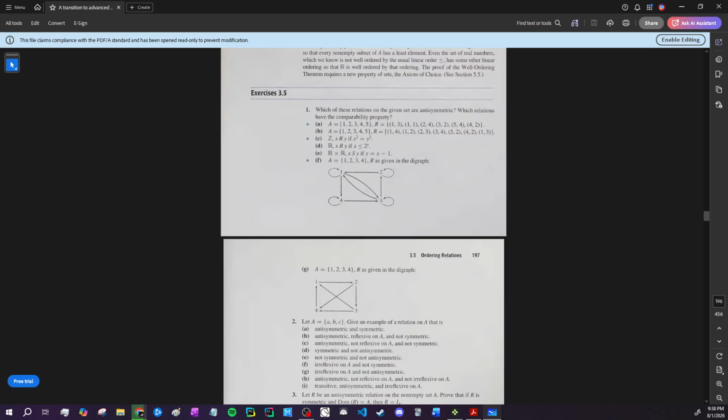So looking here, you can start from 1, 1. I think 1, 1 counts, right? So yes, this is not. Even though there's still 1 and 5, which isn't comparable.